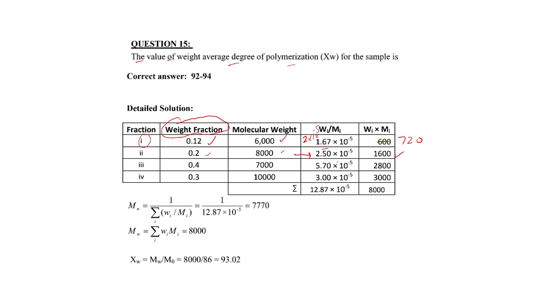I have already checked the second value, and let me check the third value. 0.4 divided by 7000 is 5.7, yes, it is right. Then the last, 0.3 weight fraction, it is also right. So we only need to change these values.